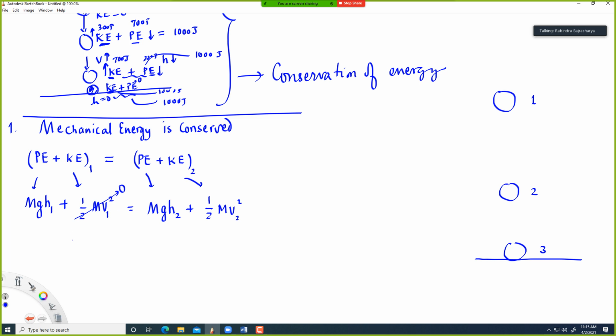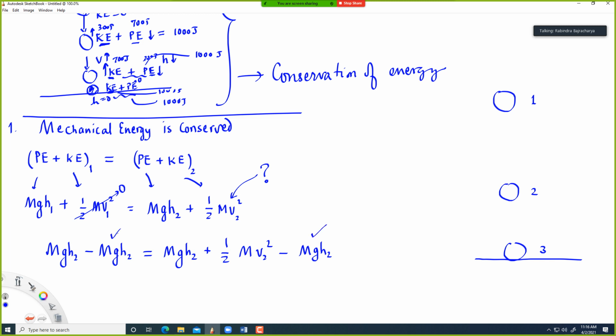So we want to find this, the final velocity. To find that, let's subtract mg h2 from both sides. So mg h2 minus mg h2, and mg h2 plus 1/2 m v2 squared minus mg h2. I'm just subtracting this on both sides.